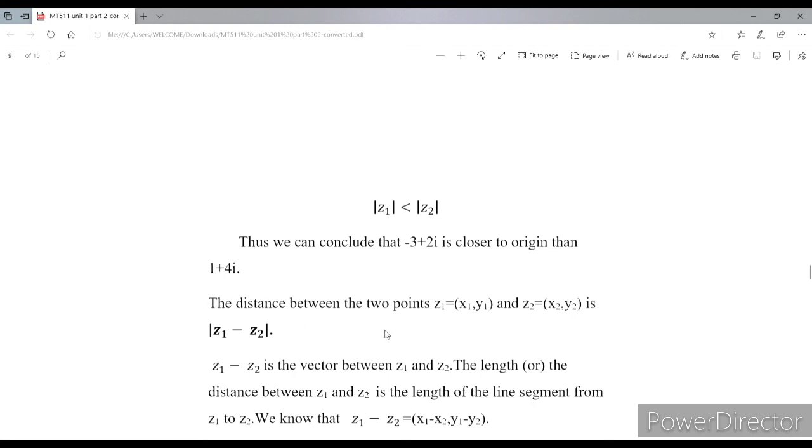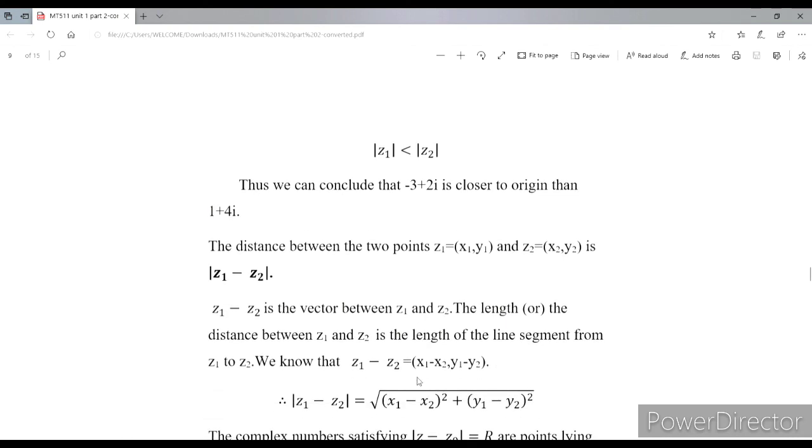Now, the distance between two points z1, which is (x1, y1), and z2, which is (x2, y2), is modulus of z1 minus z2. Now, z1 minus z2 is a vector between z1 and z2. The length or the distance between z1 and z2 is the length of the line segment from z1 to z2.